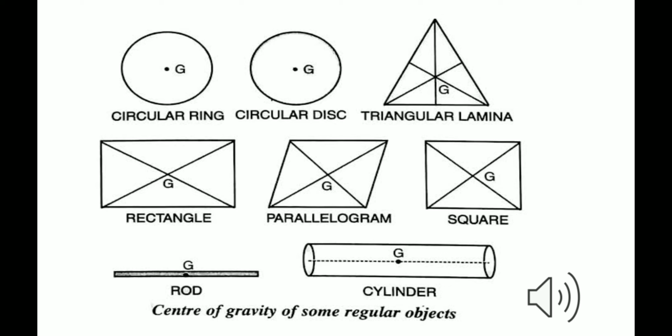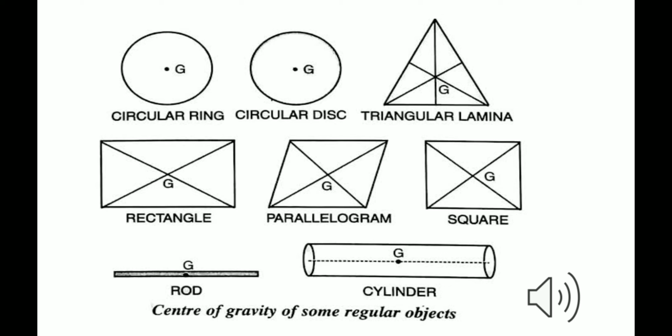You can also have a cuboid. Where the diagonals meet, that will be the point of center of gravity. In a parallelogram, again, where the diagonals meet, that point will be the center of gravity. In a square, and in a cube, again, where the diagonals intersect, that point will be the center of gravity.